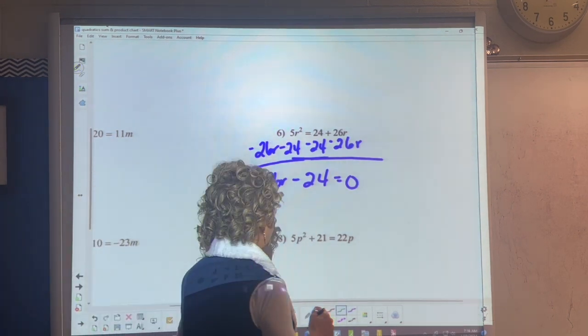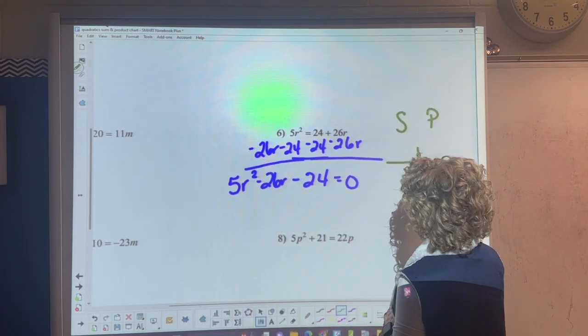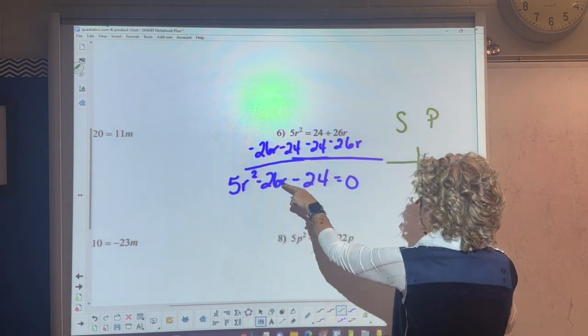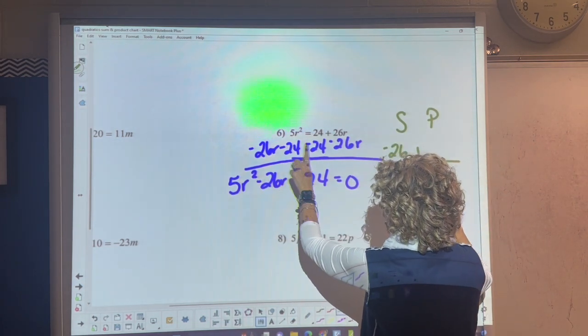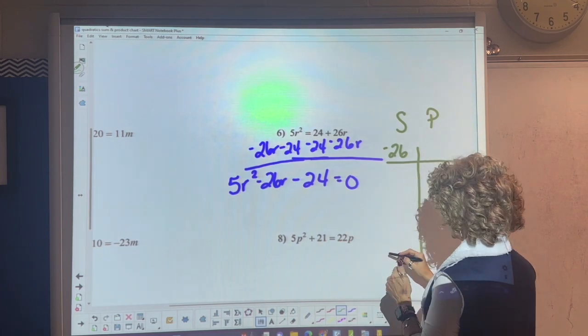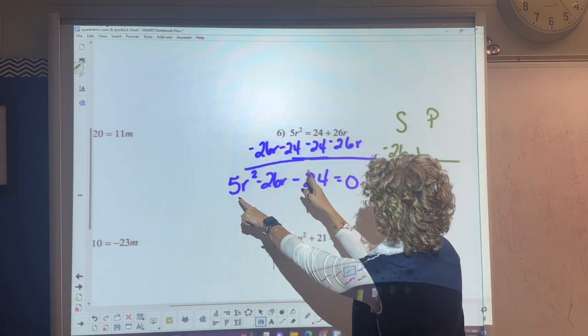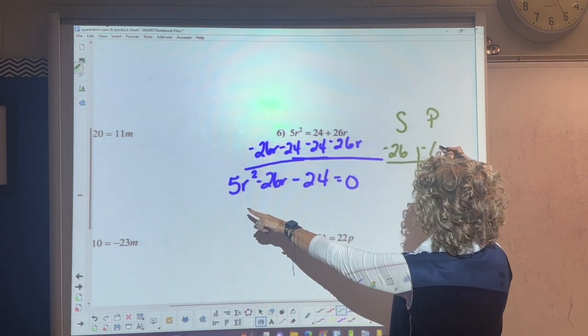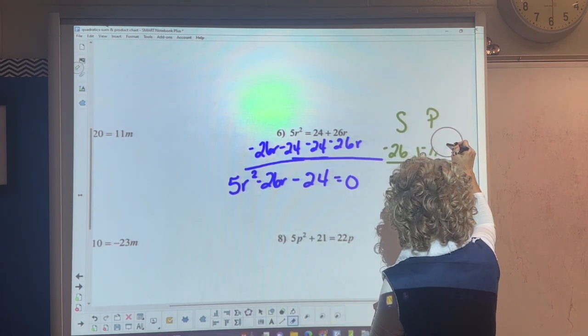Next thing we do is we're going to identify our sum and product. The sum is a negative 26. My product is 5 times a negative 24. 24 and 5, so 112. And notice 5 and a negative 24 is a negative 100. That's 120. I don't know where I got that other.